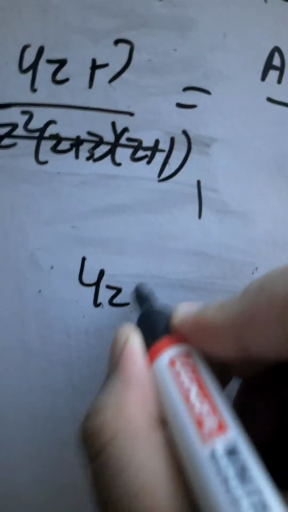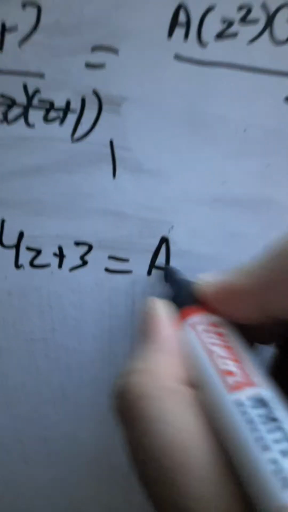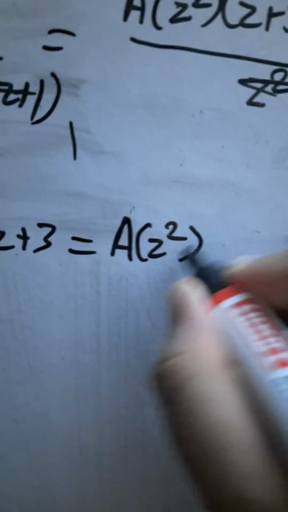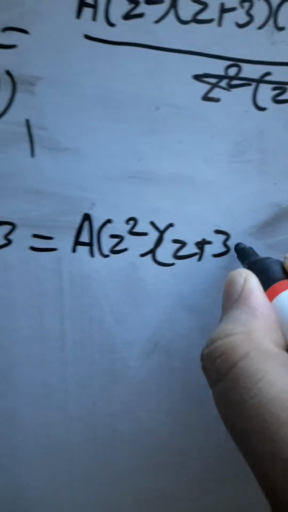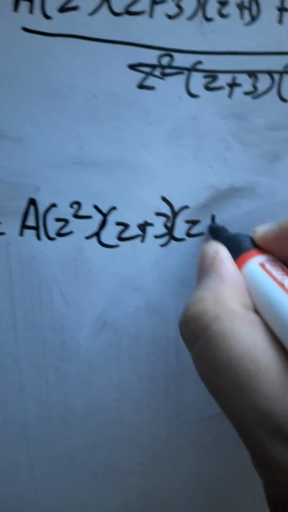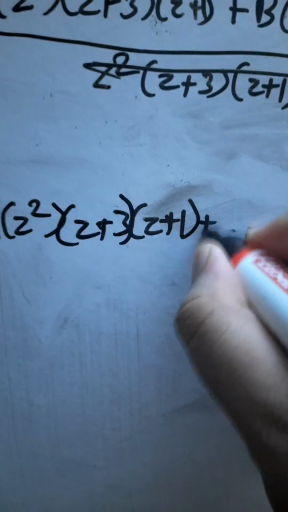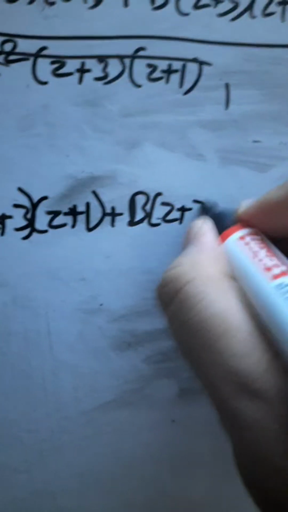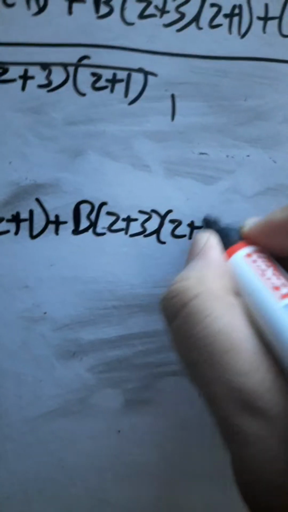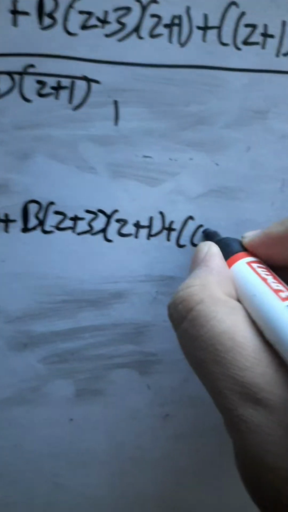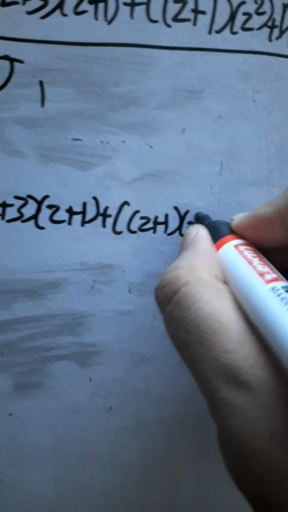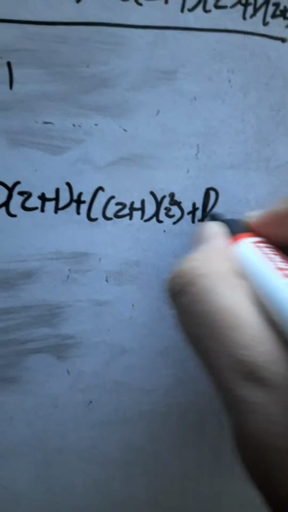Okay, 4z plus 3 equal to a z square z plus 3 into z plus 1, plus b into z plus 3 z plus 1, plus c z plus 1 z square, plus d z plus 3 into z square. Now let's take z equal to 0, because let me show you, wait a second.